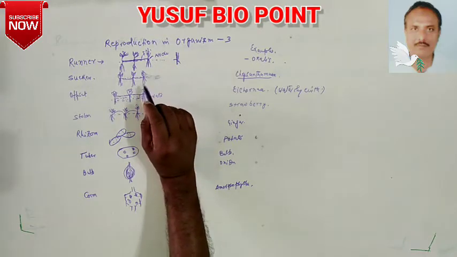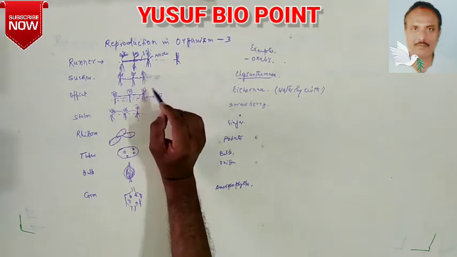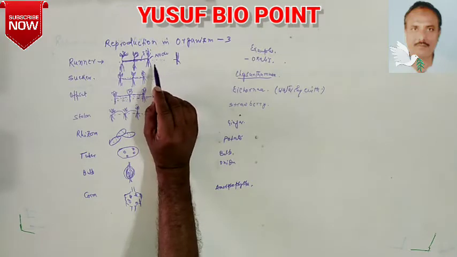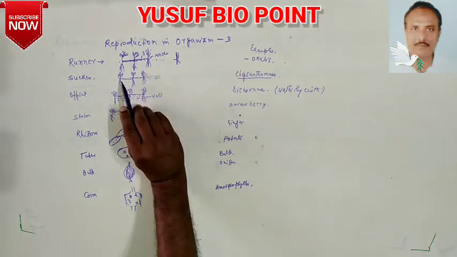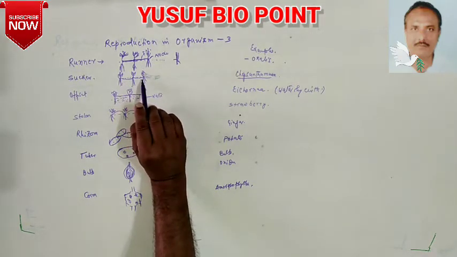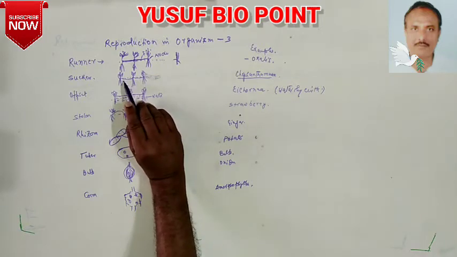Next one is sucker. It is also like runner, but with a difference. The nodes and internodes are present, but internodes are found below the ground level.